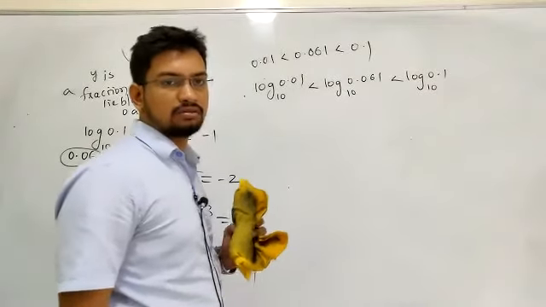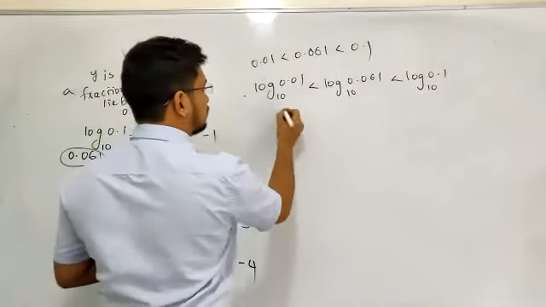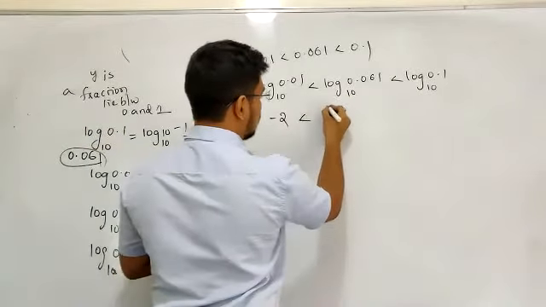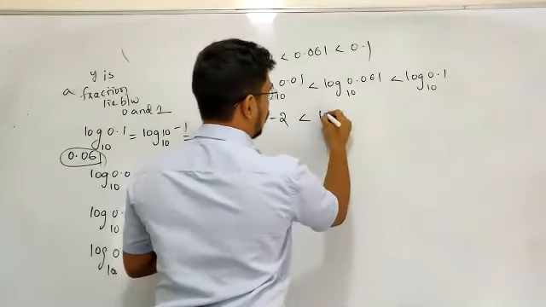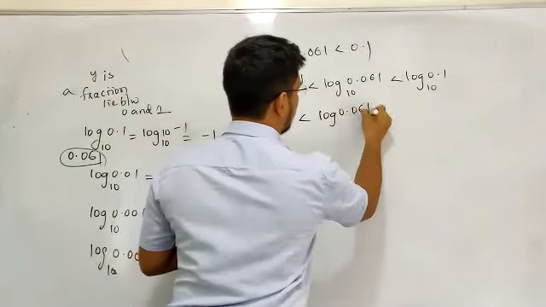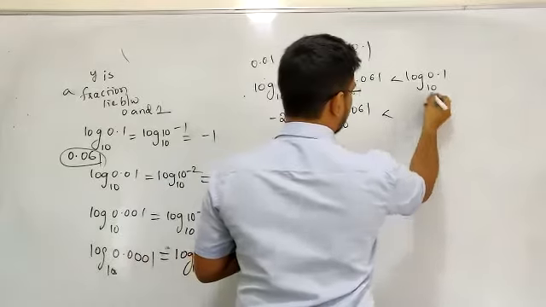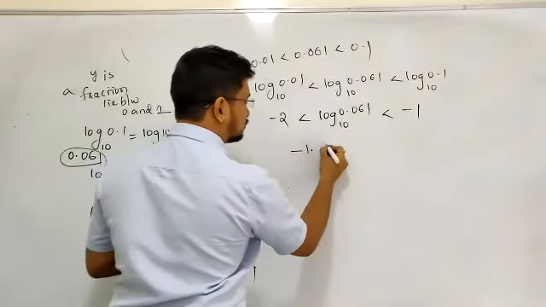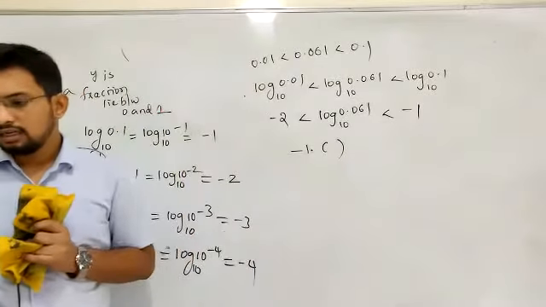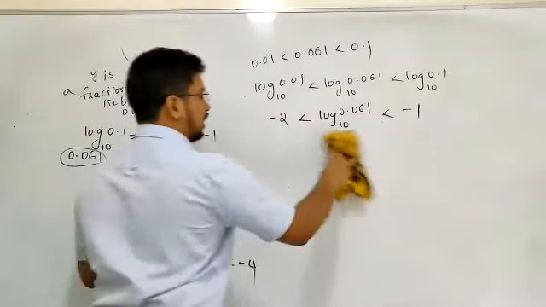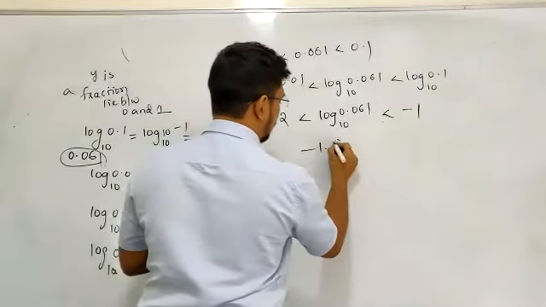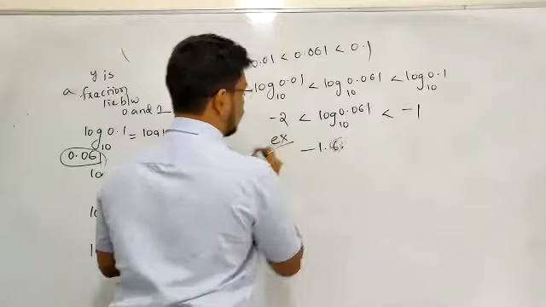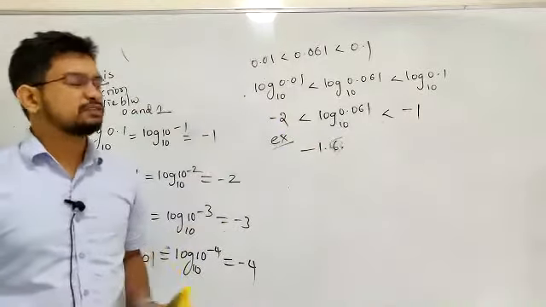Now this value is -2, which we already discussed. So -2 is less than log of 0.061 to the base 10 is less than -1. This value will be -1 point something, let's say -1.6.